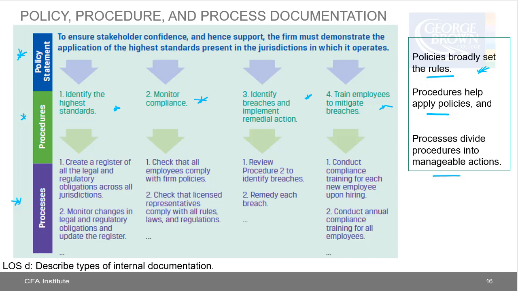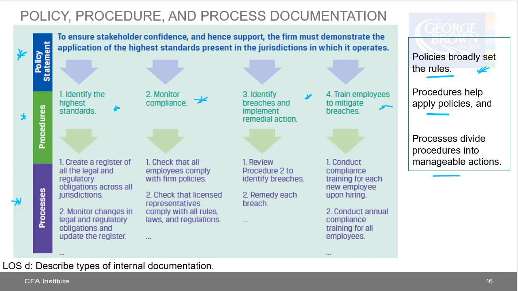So for procedure number 1, identify the highest standards, 2 processes. 1, create a register of all the legal and regulatory obligations across all jurisdictions. And again, that register needs to be reviewed and updated by the internal audit or compliance department, okay? Number 2 is to monitor changes in the legal and regulatory obligations and update the register.